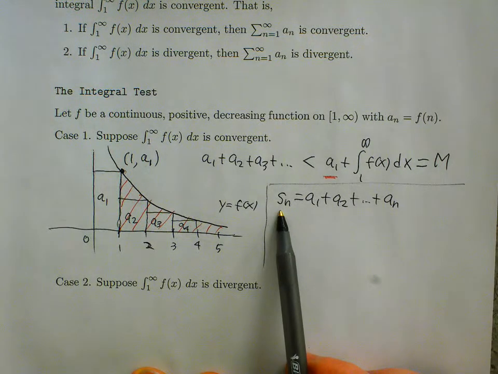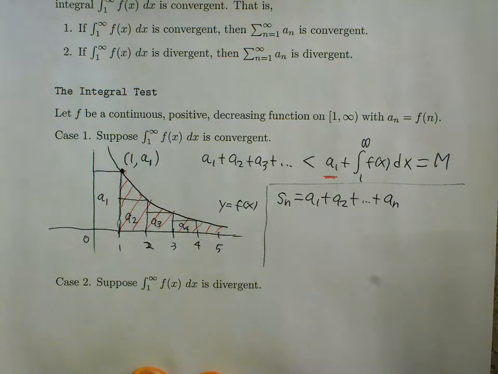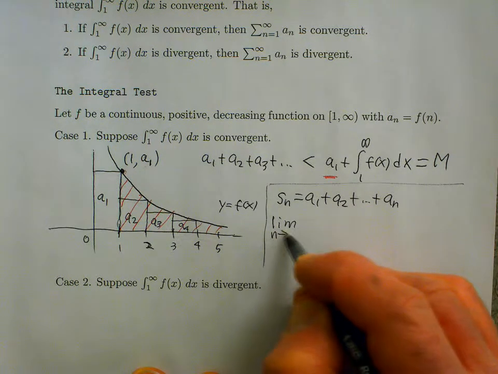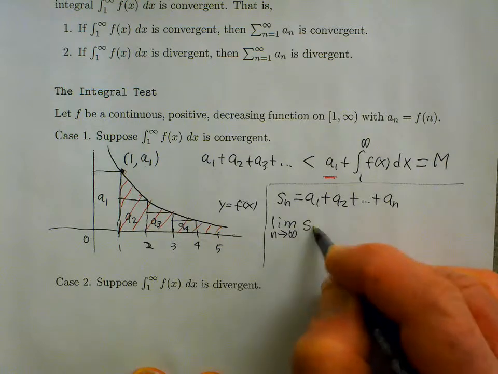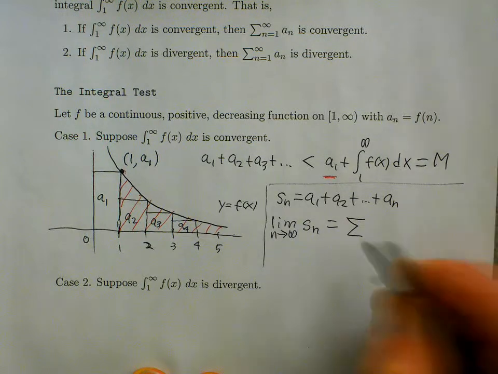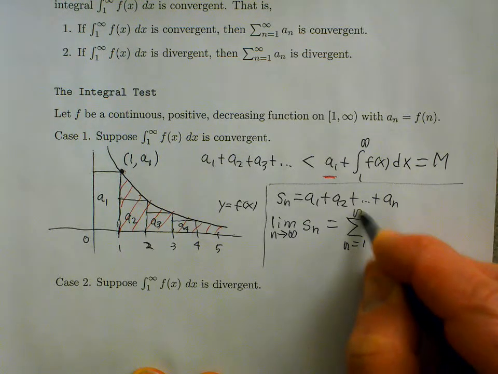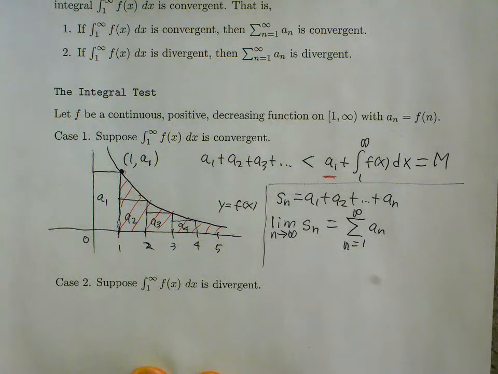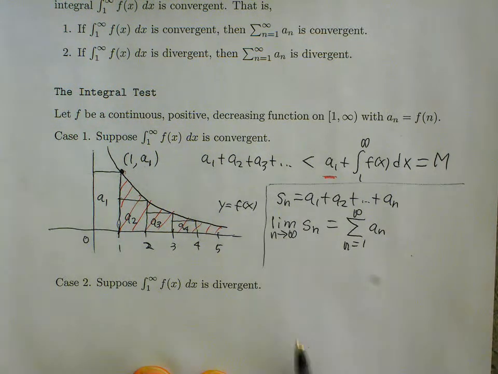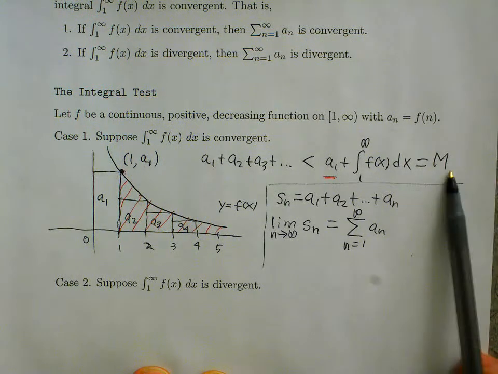And the limit of this sequence S sub n is equal to the infinite series of the a sub n terms. But the sequence S sub n is increasing and bounded above.